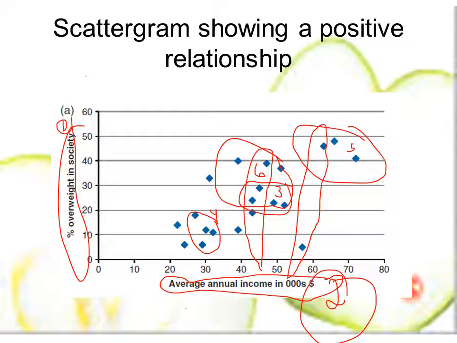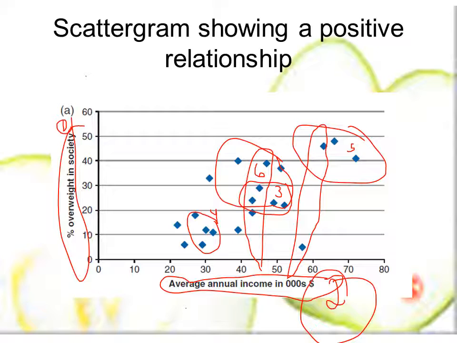Looking at the comparison, in this particular scattergram, average individuals that make about $40,000 to $45,000 a year, probably between 20 and 30% are overweight in society.